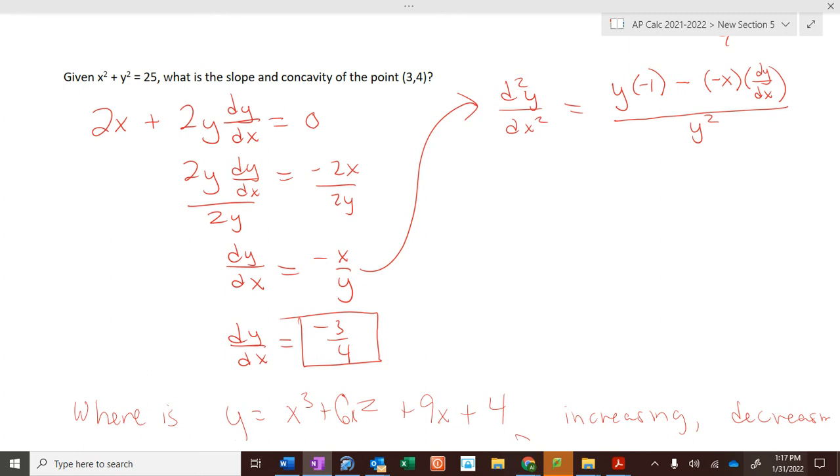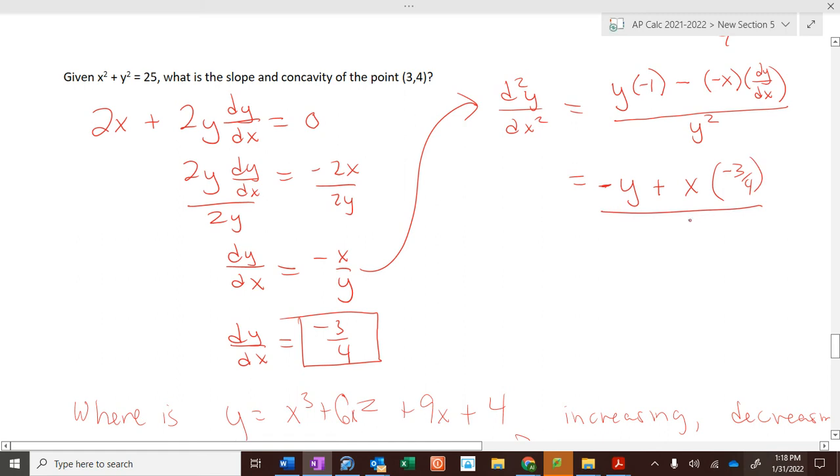Now we should do some substitution. What should we substitute? Put the negative 3/4 in for dy/dx. So negative y plus x times negative 3/4, over y squared.